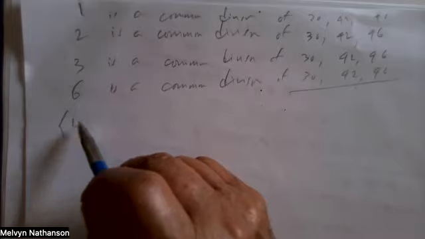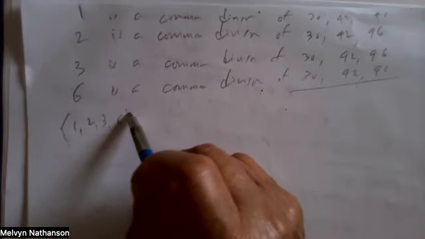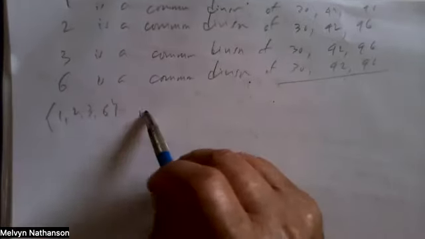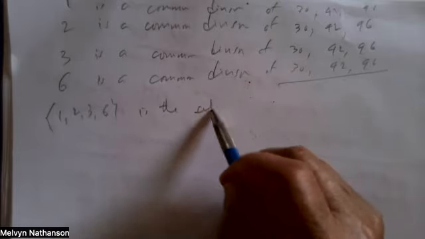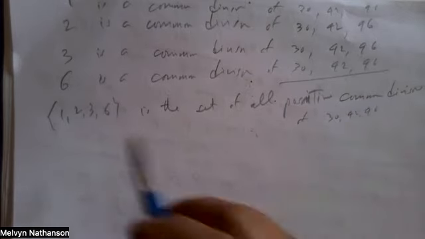In fact, if I look at this set, 1, 2, 3, and 6, this is the set of all positive common divisors of 30, 42, and 96.